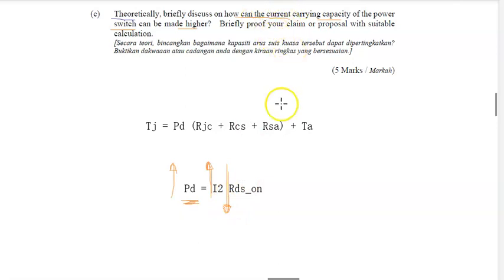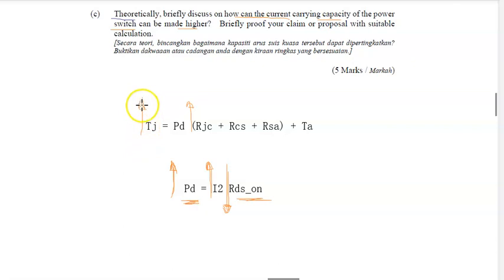In this case we already have RDS on. So how do we allow an increment of Pd? If you increase Pd, your Tj will increase. We can allow Pd to increase, but at the same time Tj will increase.